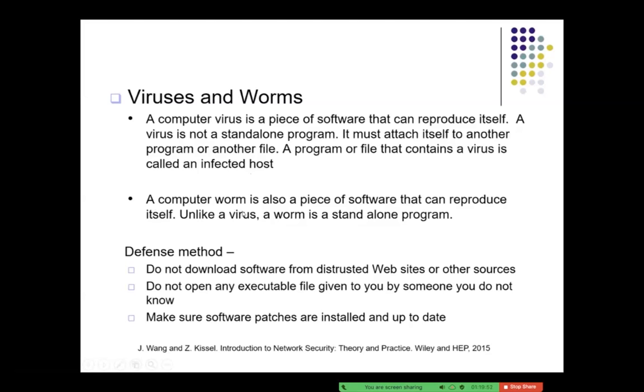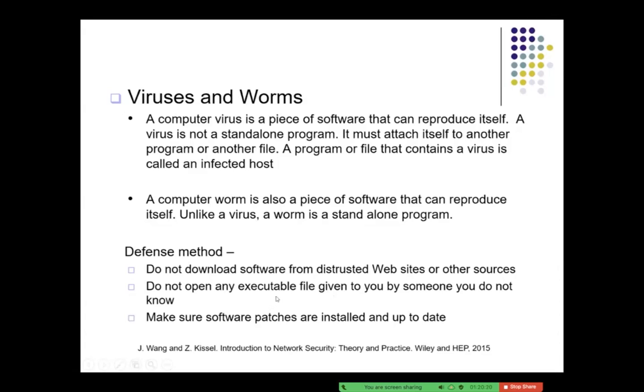A computer worm is also a piece of software, but it is a standalone program that can reproduce itself. The defense method is to make sure that you do not download software from untrusted websites or other sources.